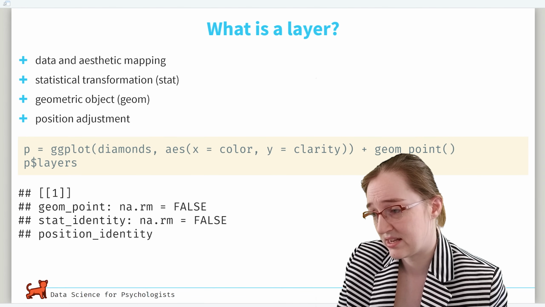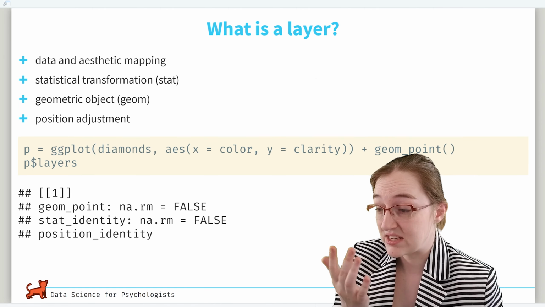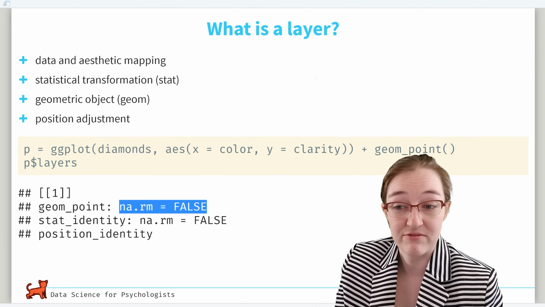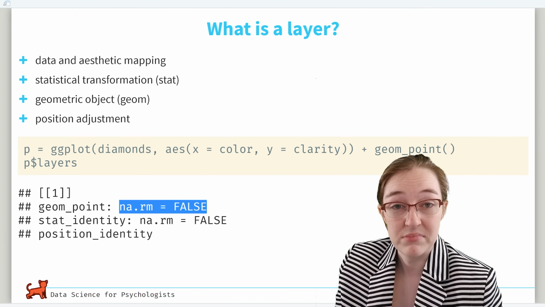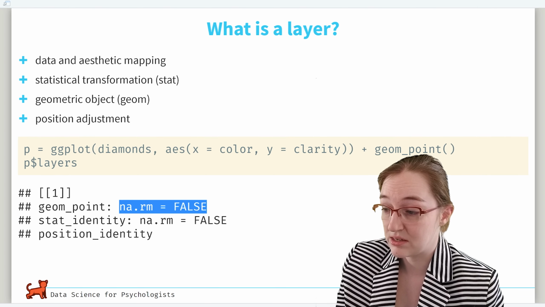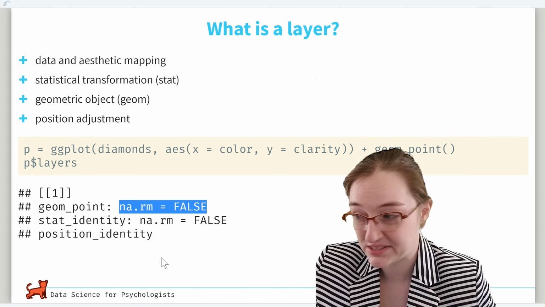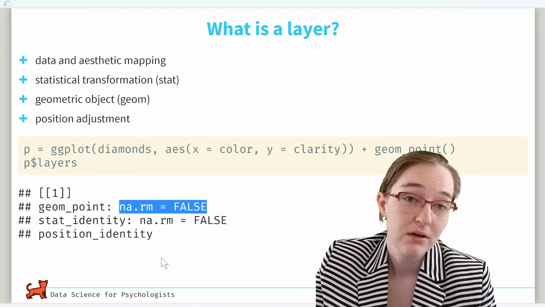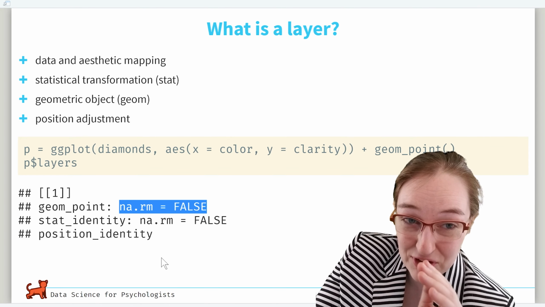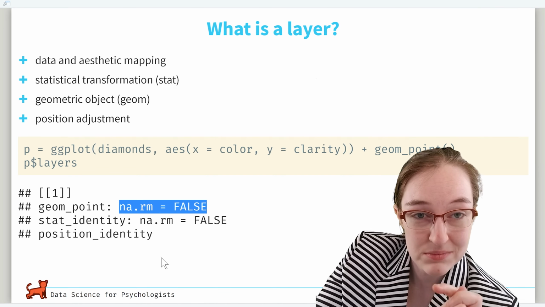And here we can see that we have geom point, we've got stat identity, and you'll notice that there are some variants here that they've set missing or na.rm to false. Same with stat identity, as well as position identity. Now, we didn't specify position or stat. Those are the built-in implicit assumptions. But I think it's helpful to realize that just because we didn't specify it doesn't mean it's not there.